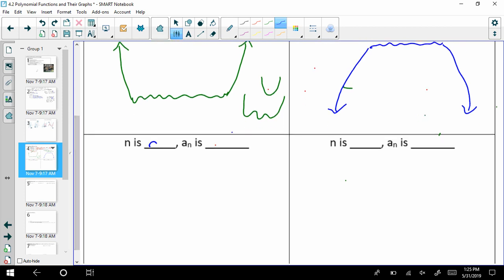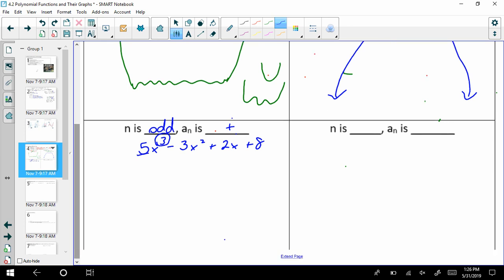What if the highest exponent is odd and the number out front is positive? So that would maybe be something like 5x cubed minus 3x squared plus 2x plus 8. That could be an example of something where the highest exponent is odd and the number out front is positive.